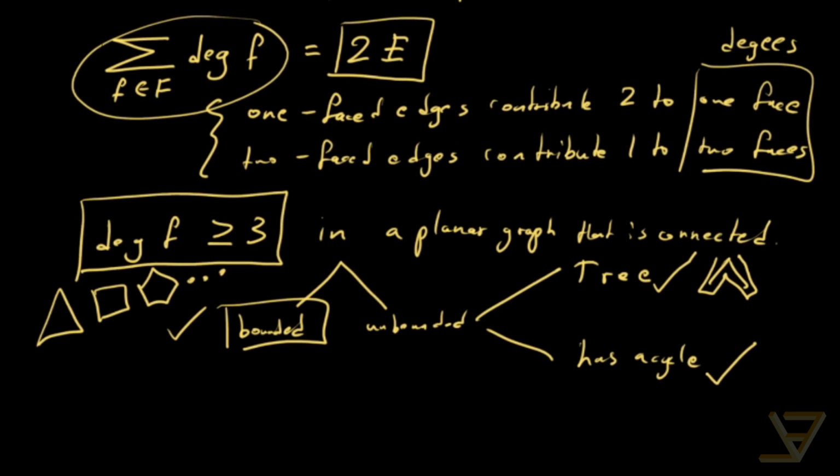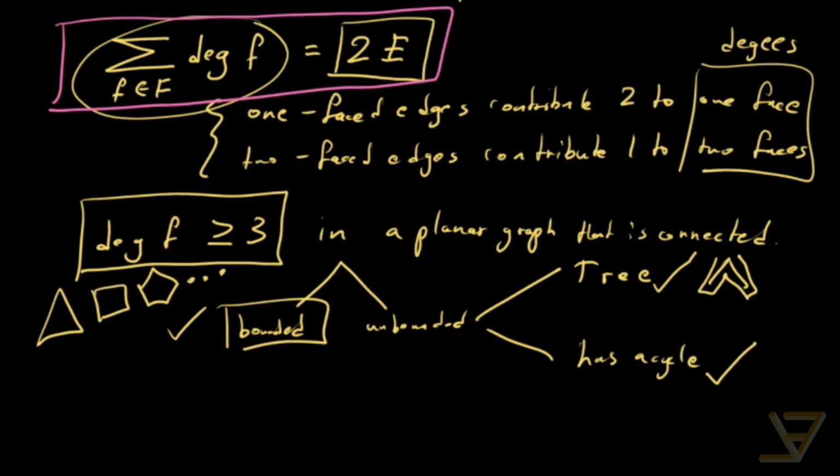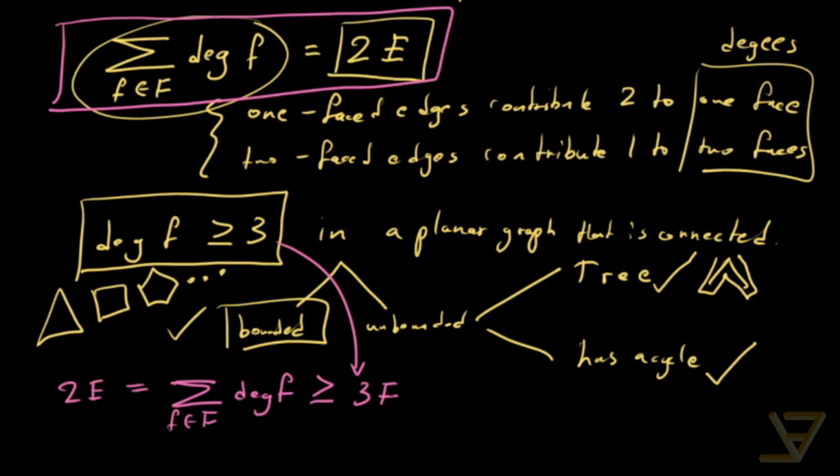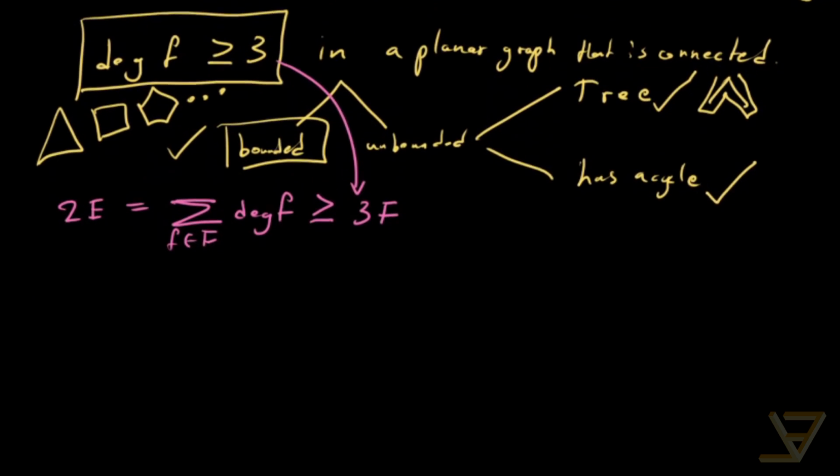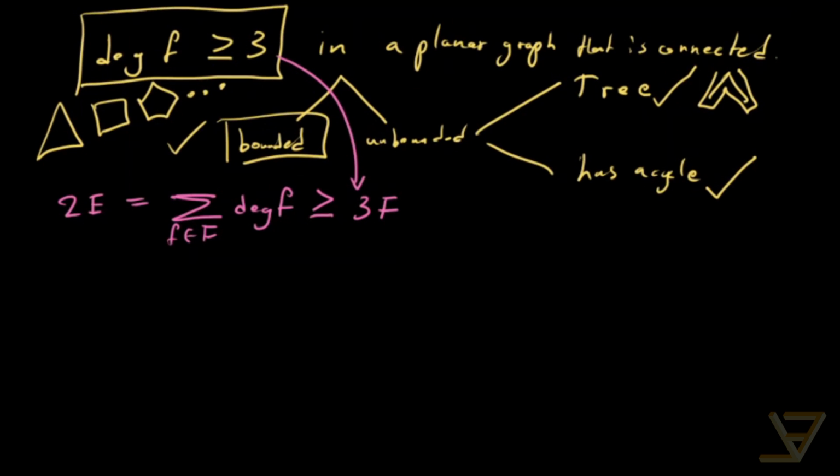Now combining it with this part here, what we get is that 2e is equal to the sum of the degrees of the faces in capital F, and this is greater than or equal to 3 capital F, 3 times the number of faces. So we're getting close now. What we find is that by the Euler formula, v minus e plus f equals 2 for planar graphs.